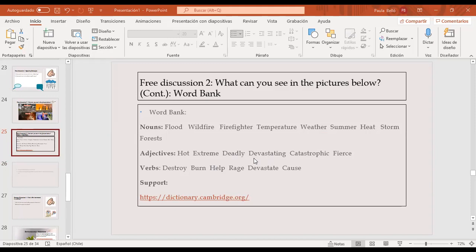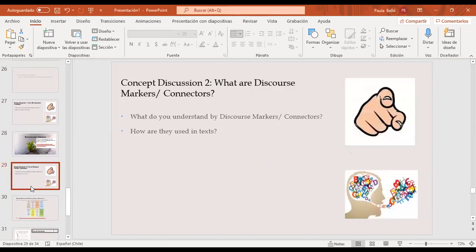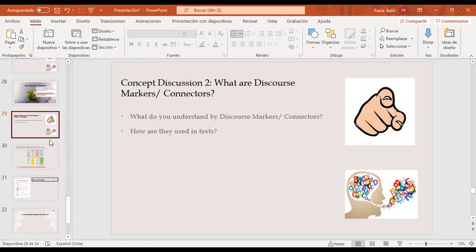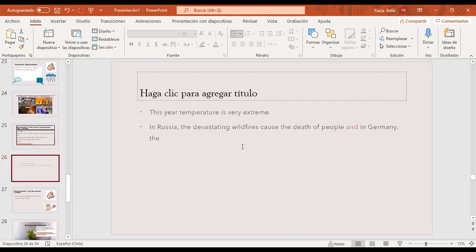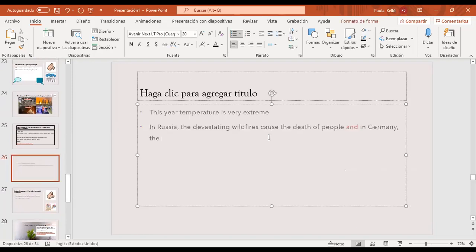Come on, catastrophic. Yes, excellent. Remember what we saw last semester, when we were looking at how to create an environment, and the teacher used to create anchor charts with important language, or astonishing language, so that the students would learn new words.